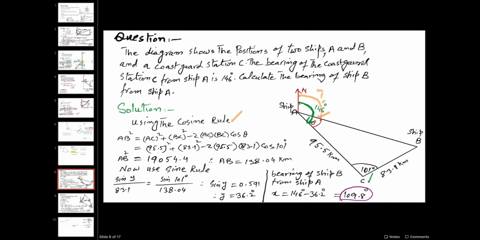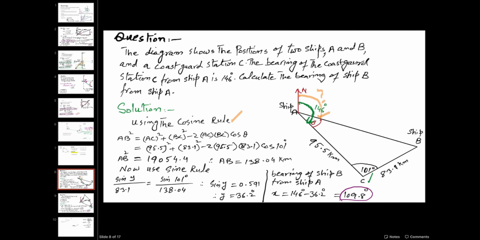We get AB square is equal to 95.5 square plus 83.1 square minus 2 into 95.5 into 83.1 into cos 101 degree. In this way, we get AB square is equal to 19054.4 after using calculator. Then AB is equal to 138.04 kilometer.